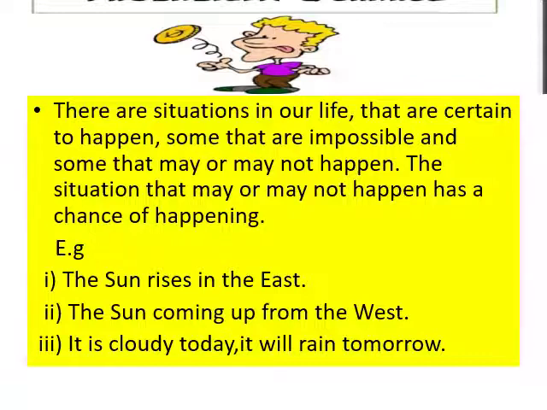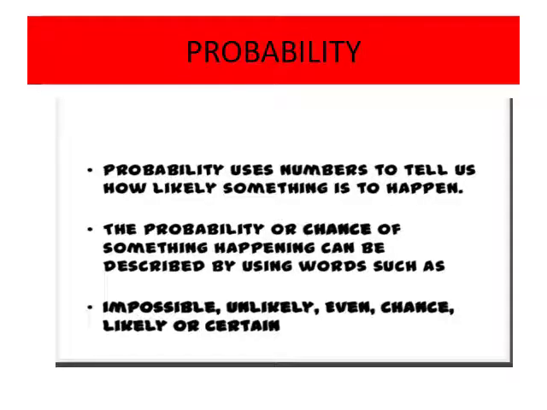Probability tells us how likely an event is going to occur. It does not tell us what is going to happen. We often make predictions about the chances of an event happening. So children, probability uses numbers to tell us how likely something is to happen.